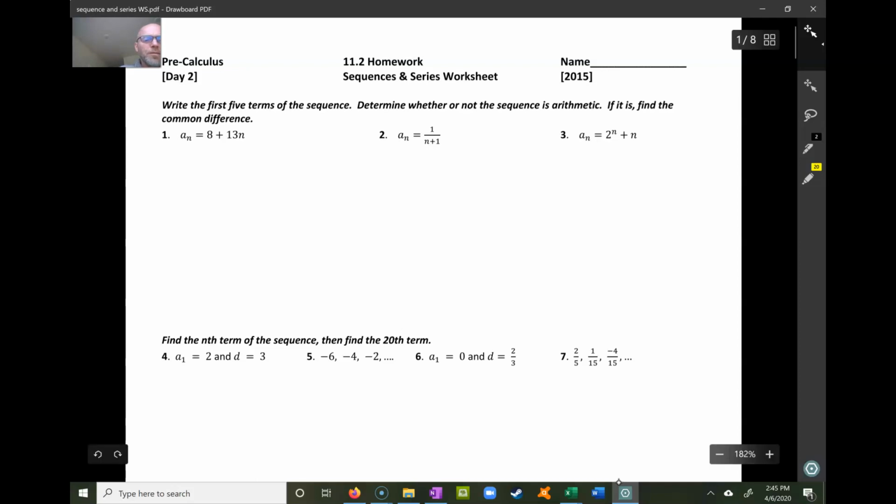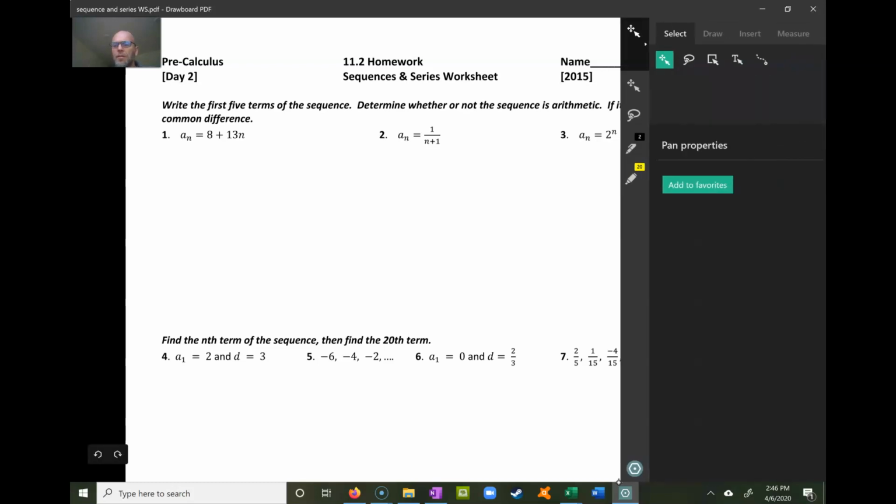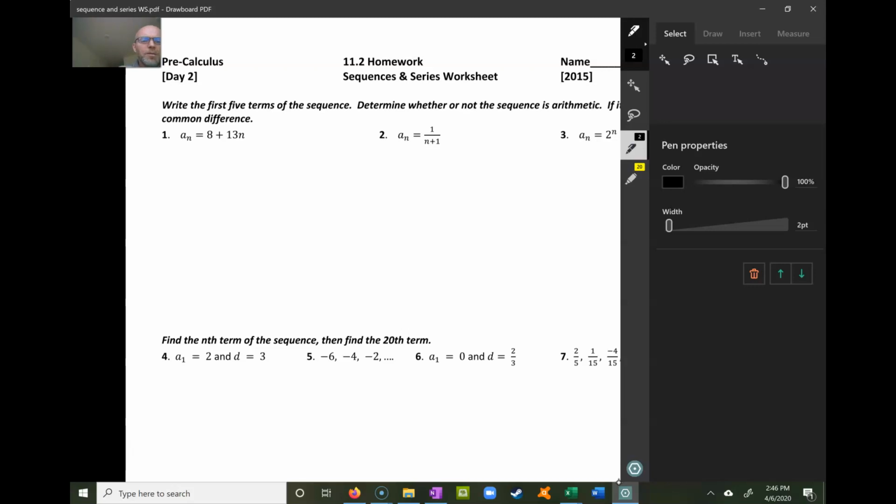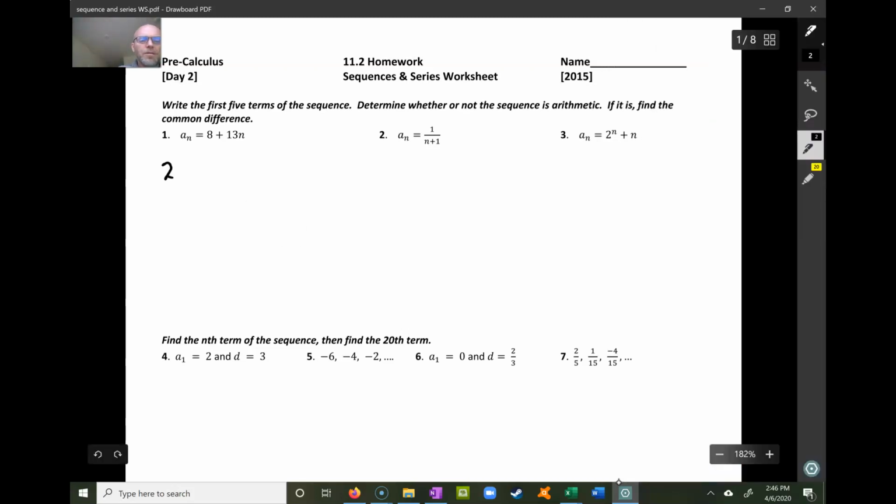So the first term of the sequence would be 21. The next one would be plus 13, which would be 34. The next one plus 13 would be 47. The next one would be 60. And the fifth one would be 73.